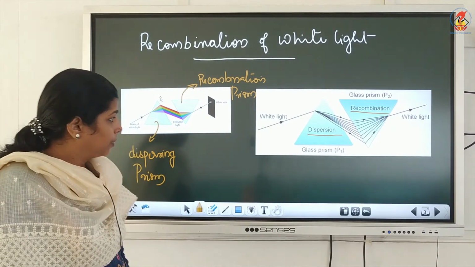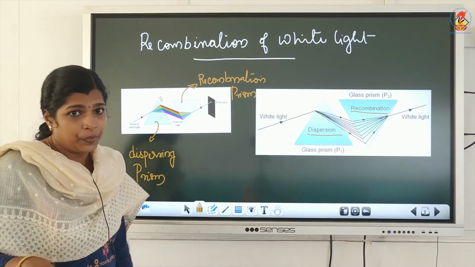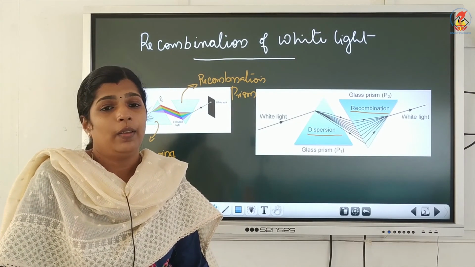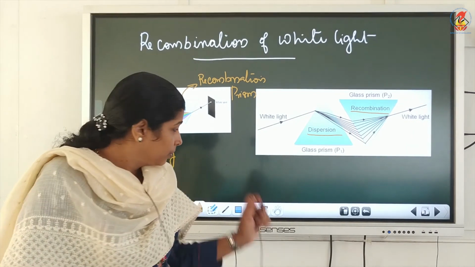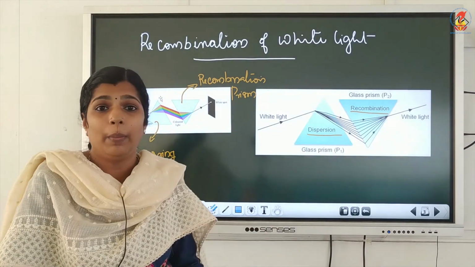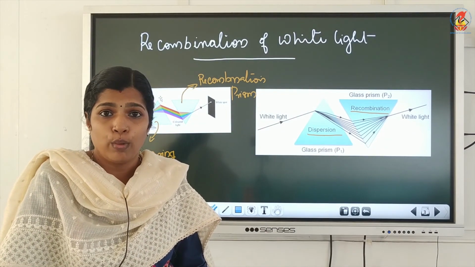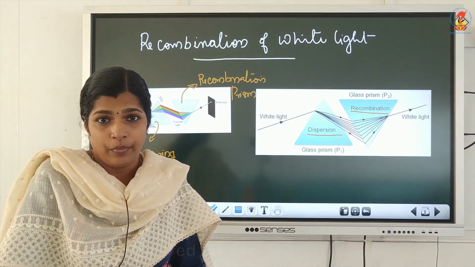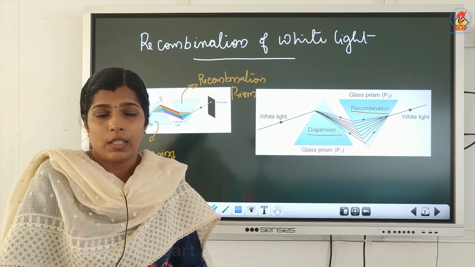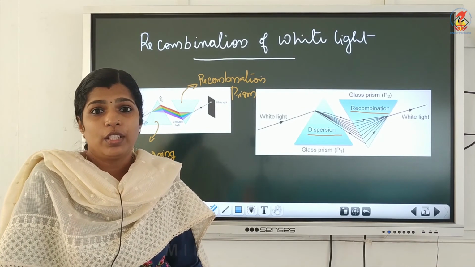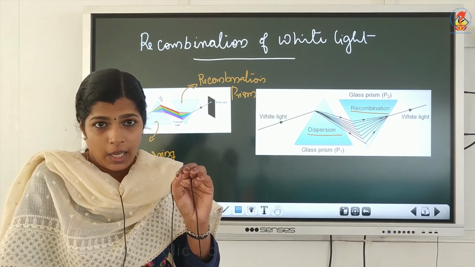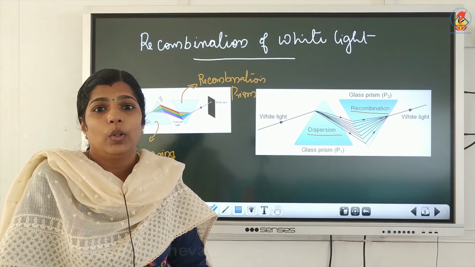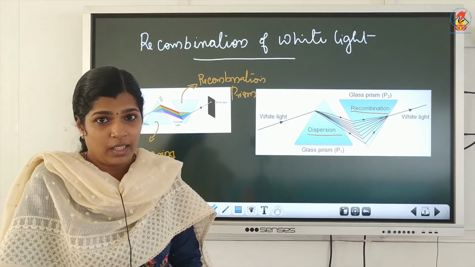It is a circular disc divided into 7 equal segments, colored with the 7 colors obtained in the spectrum of white light, that is violet, indigo, blue, green, yellow, orange and red. When you rotate that disc very fast, instead of viewing individual colors, we get a feel that it is white in color.